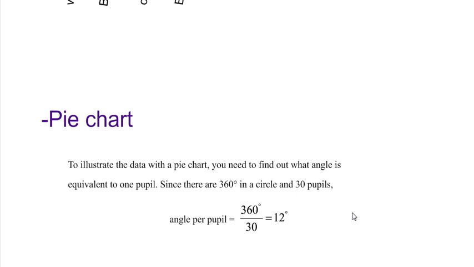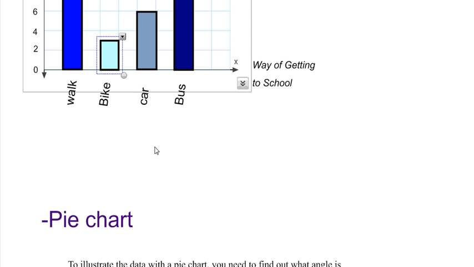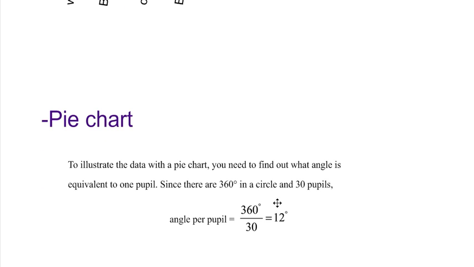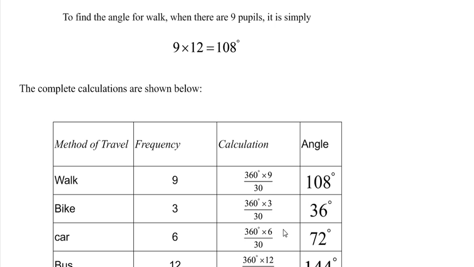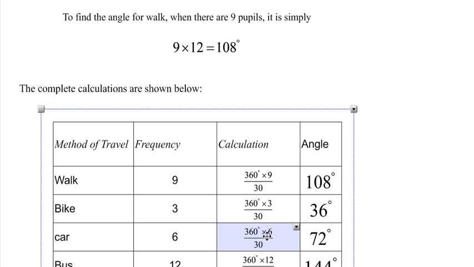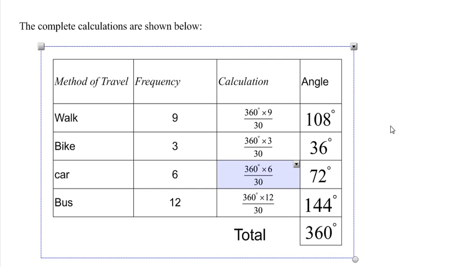To find the angle for the bike, we have 3, so we multiply 12, or 360 over 30, by 3. People who go to school by car, we have 6, so we multiply the angle, 360 over 30, by 6, and this is the angle.